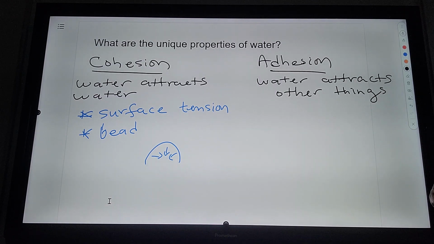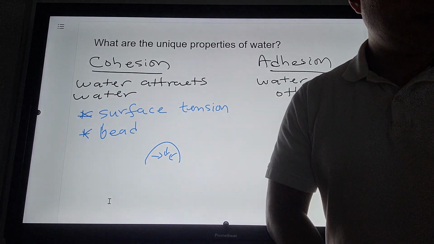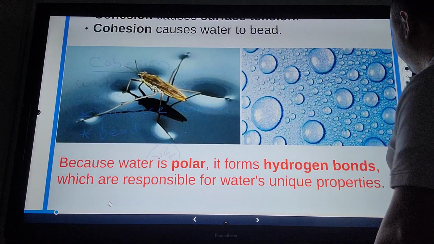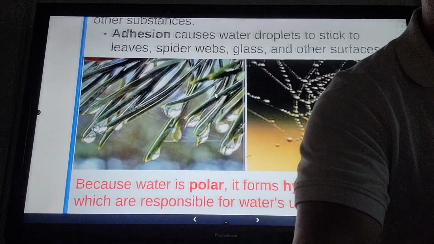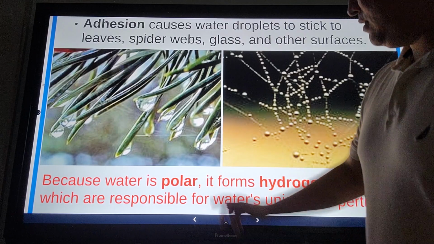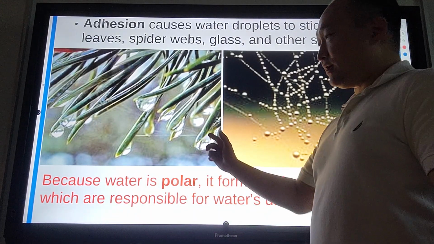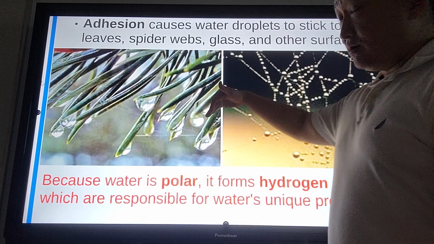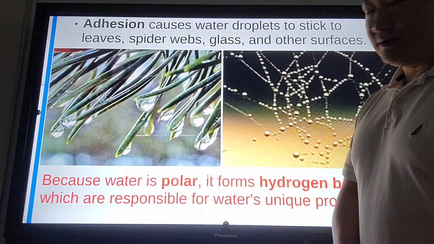All right, so there's a lot of examples of adhesion. Here's a couple. So when you have water droplets forming, that's cohesion. But when those droplets are sticking or attracted to these leaves that are not water, that is adhesion.